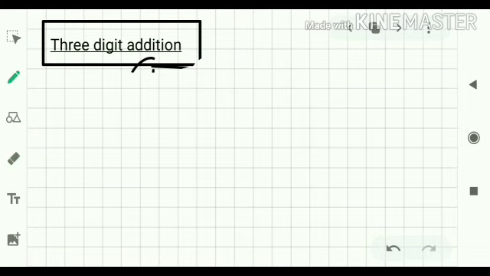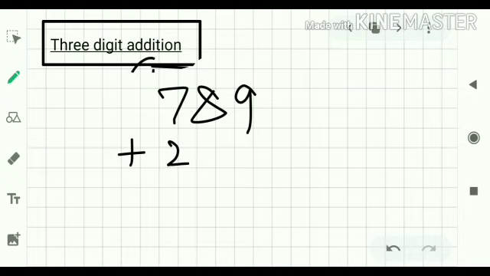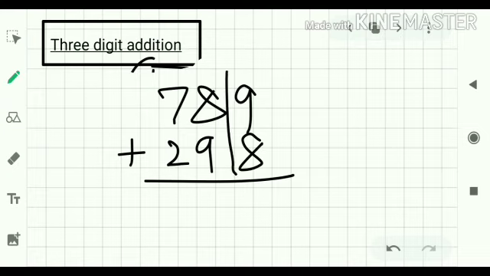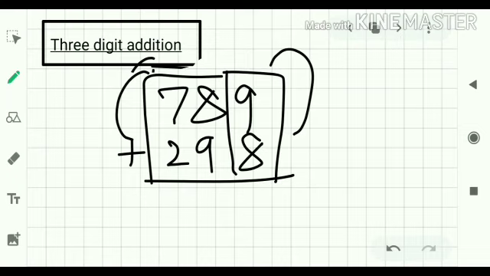Let's say we take 789 plus 298. If we follow the same approach, the first step is to separate the sum into two different parts. This is a separate sum, this is a separate sum. So 9 plus 8 is 17.